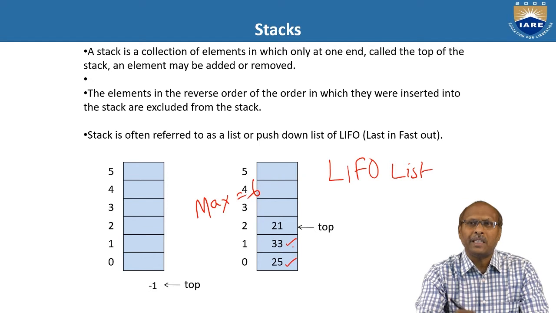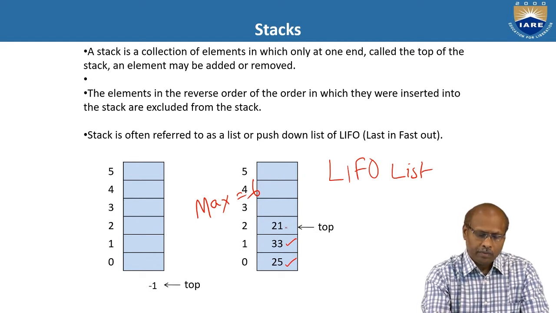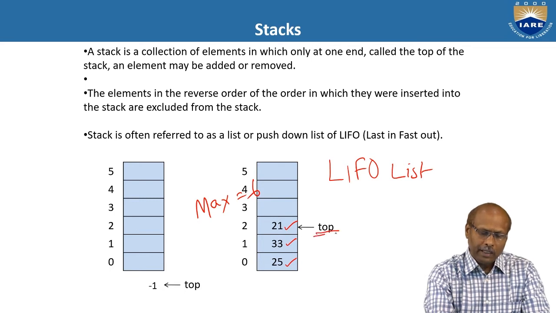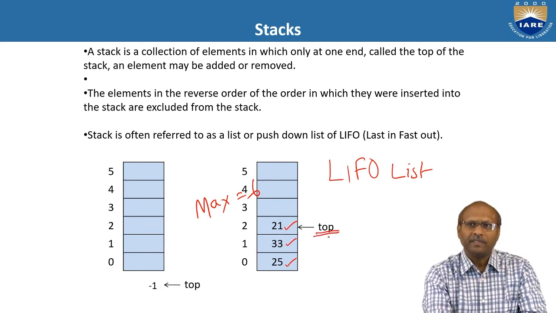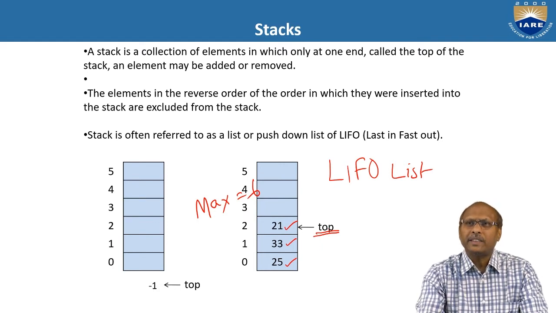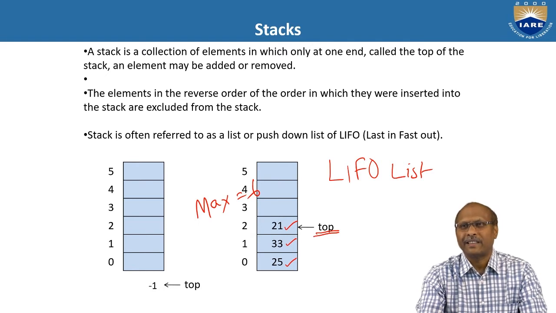Every time I increment the top, then store. So after inserting 3 elements, the top will be at the second position. You can insert a maximum of 6 elements. After 6, it will not allow, because your capacity is 6.